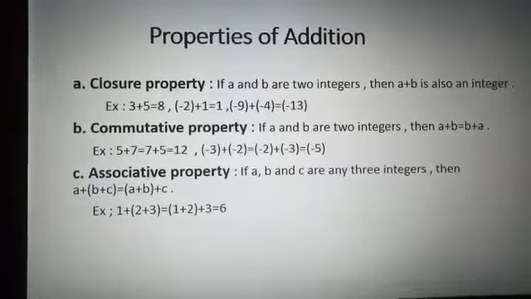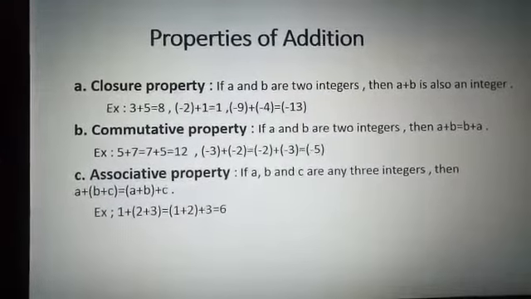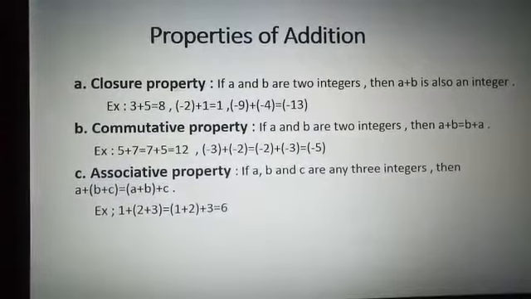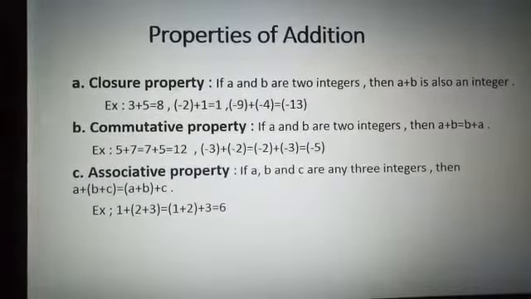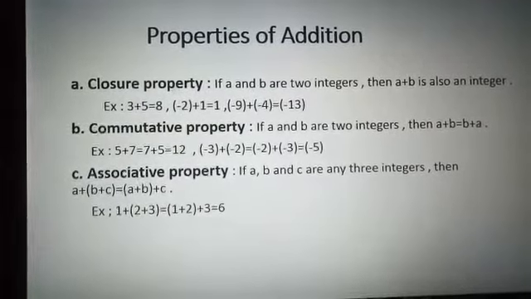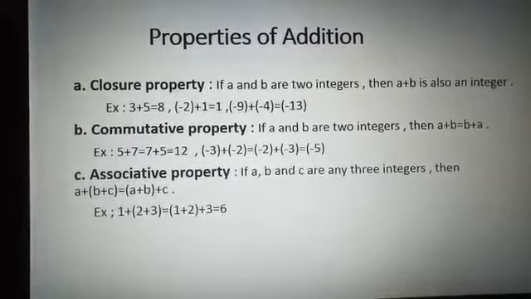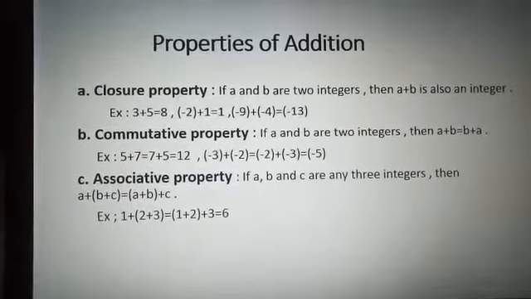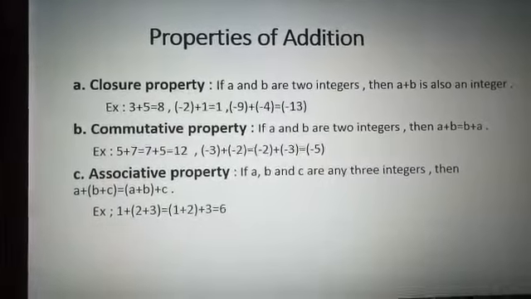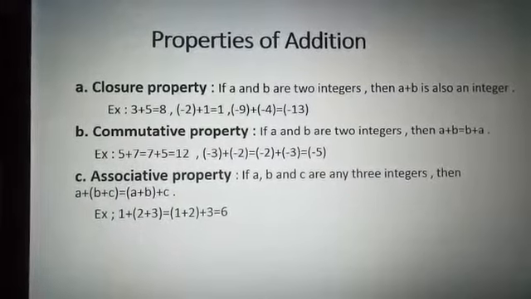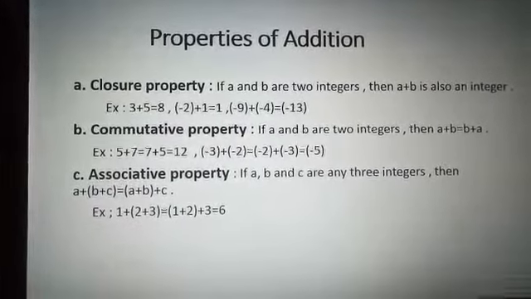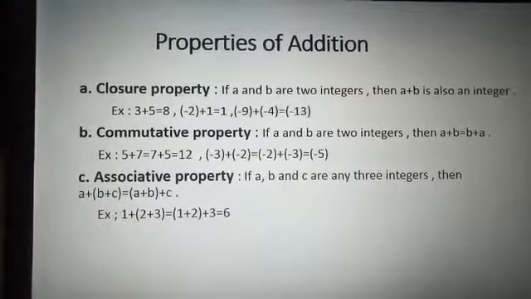Now the third property is associative property. In this property, if A, B and C are any 3 integers, then A plus bracket B plus C is equal to bracket A plus B bracket plus C. Now see where the brackets are.